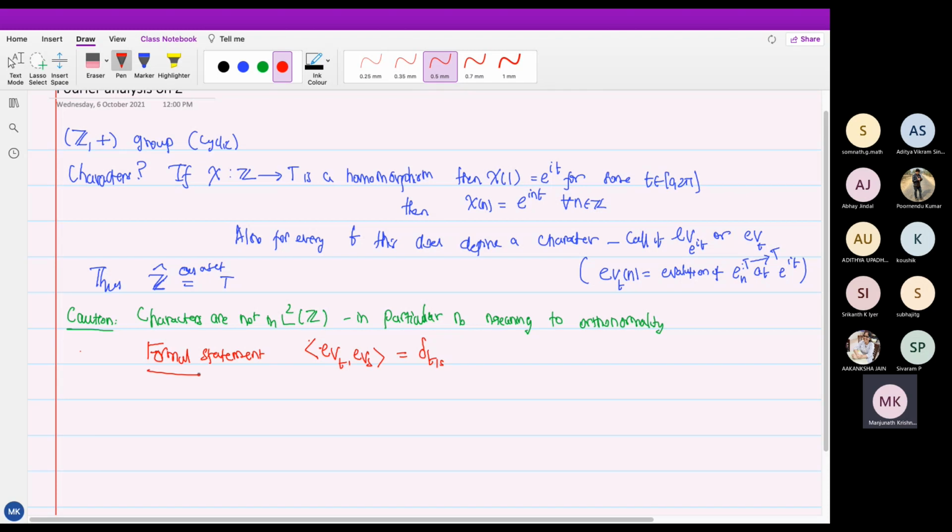This is a purely formal statement. It is of intuitive value, but you cannot write it as mathematically meaningful; it has to be made sense of in an indirect way.